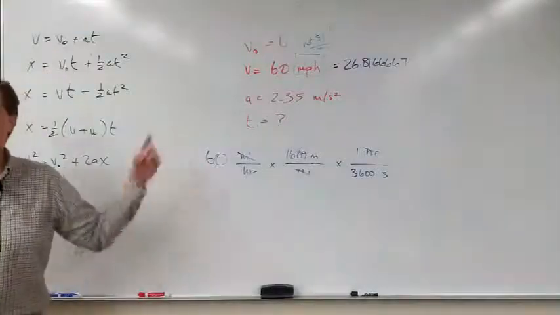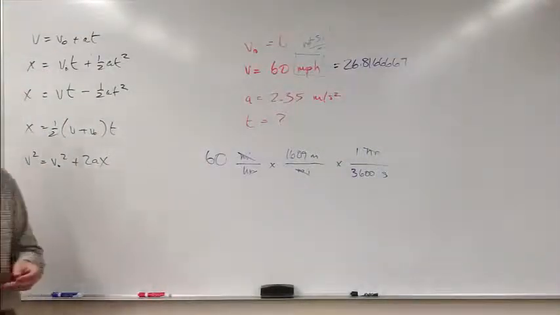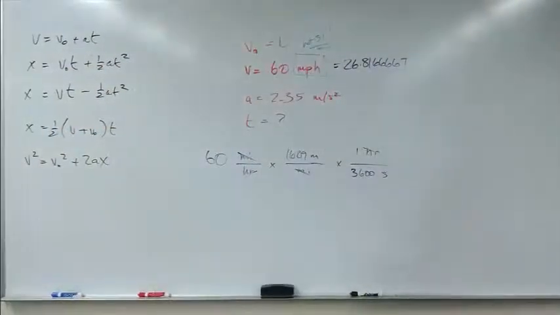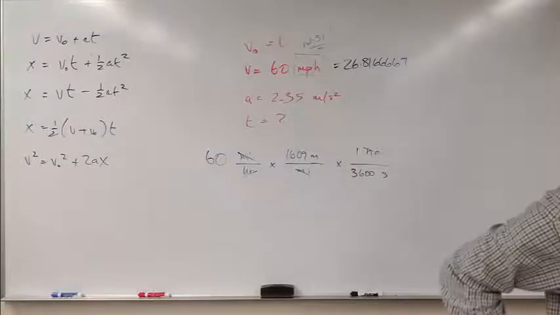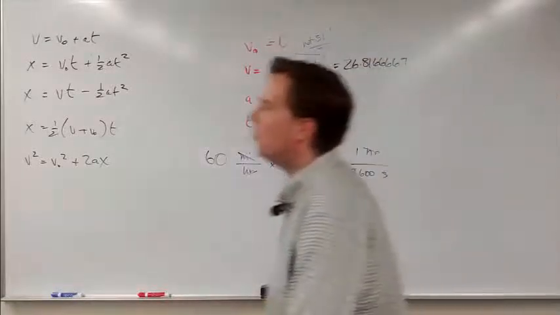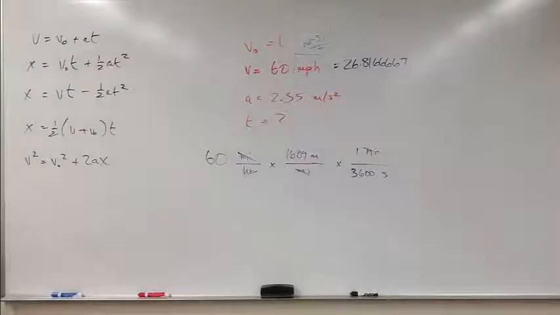By the way, there's an even faster way to do this, because there is just a conversion from miles per hour to meters per second. It's in the front of the book, if anyone has a book. Of course I didn't bring a book either. But I know someone who's very smart. His name is Google. Google tells me there is 0.44704 meters per second in every mile per hour.